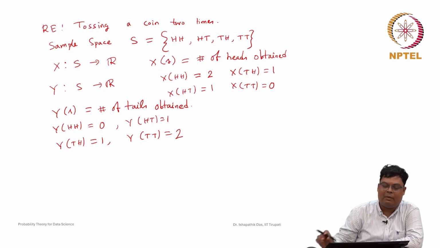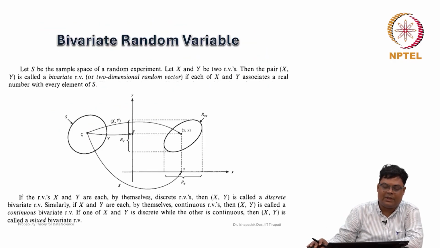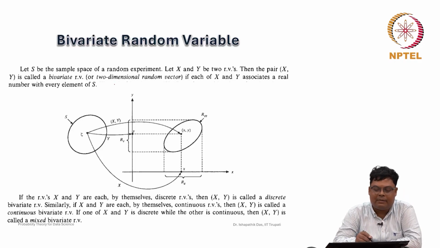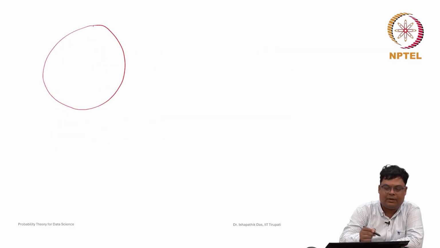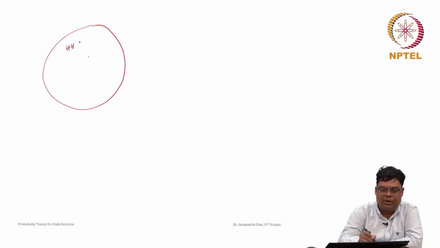Now, we define a bivariate random variable. Let us see what the definition is. Let S be the sample space of a random experiment, like here. So, let us consider this example, and S is the sample space. Suppose this is HH, this is HT, this is TH, this is TT.